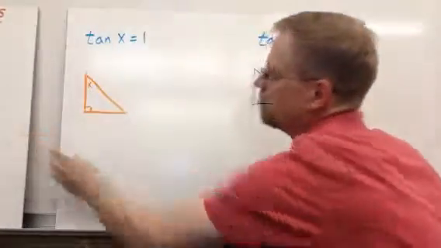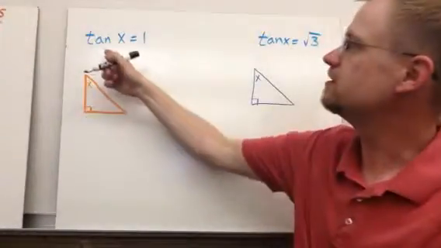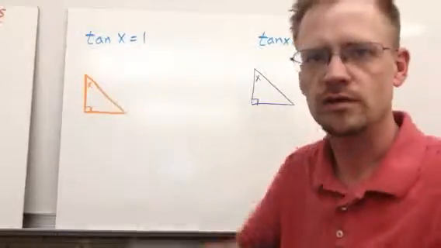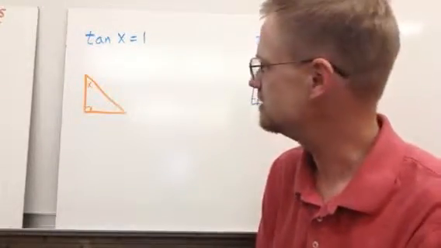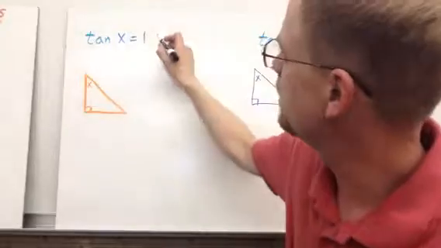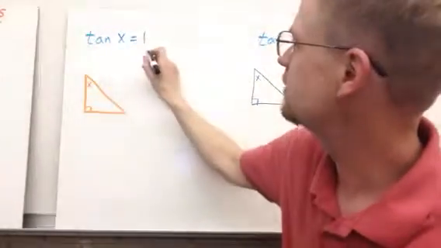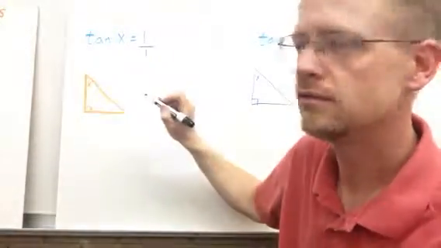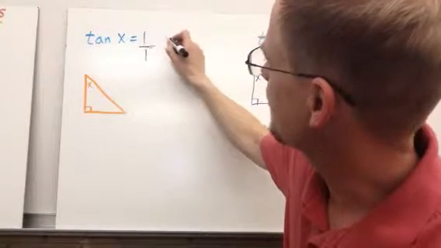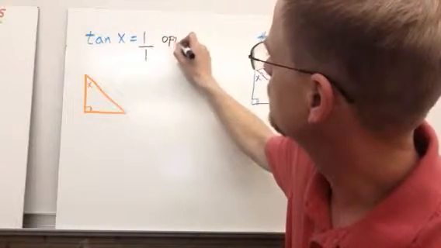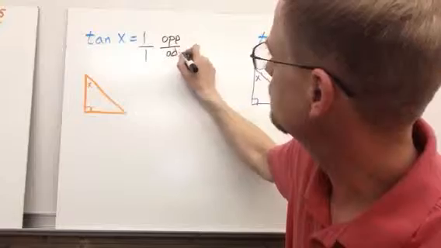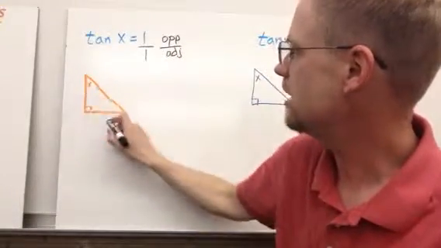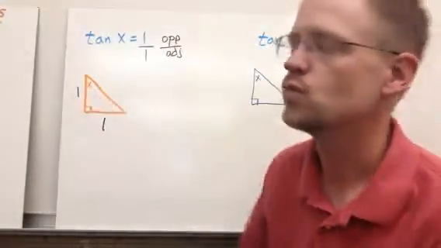Let's do a couple more. Let's say the tangent of an angle is 1, and we want to find out what the angle actually is. Let's write it as a fraction first: 1 over 1. Tangent is opposite over adjacent, so in this triangle the opposite side is 1 and the adjacent side is 1.